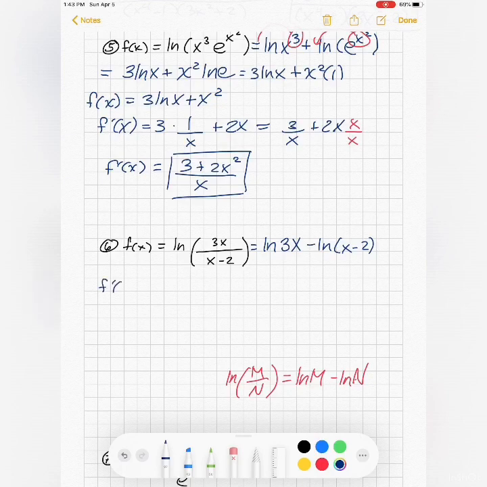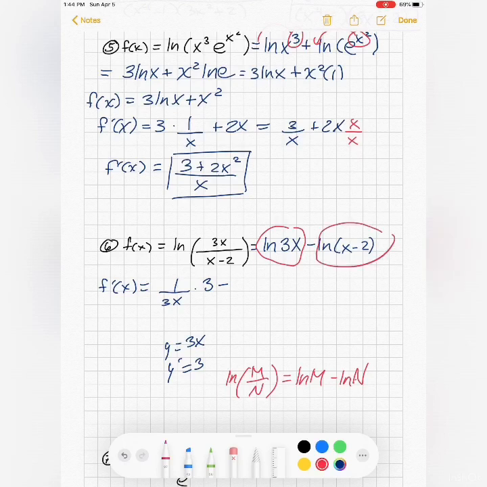Then it's going to actually be really easy again to differentiate. Okay, I guess I need the chain rule here, but it's an easy one. So derivative of ln is 1 over the argument. But then times the derivative of the argument, right? The derivative of 3x is just 3. Okay, now minus, okay, chain rule again, but this one's even easier.